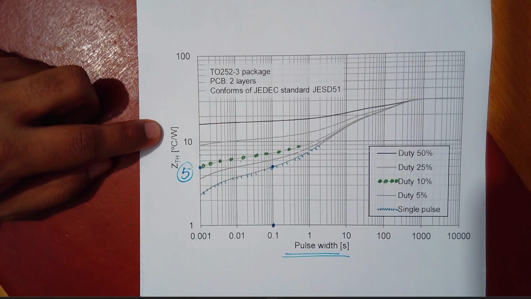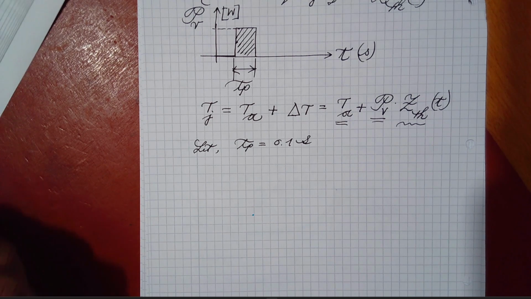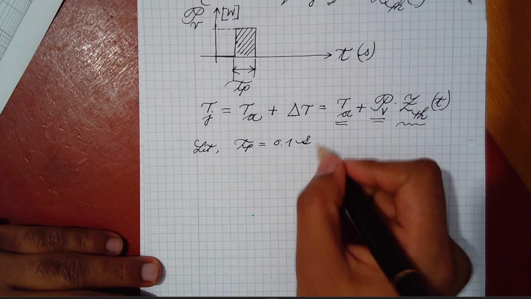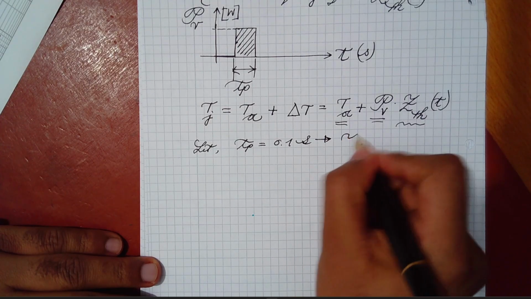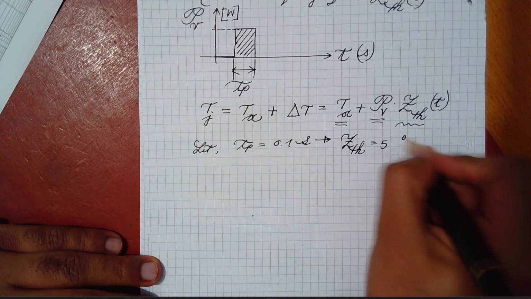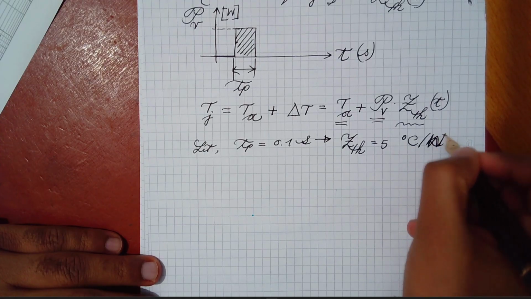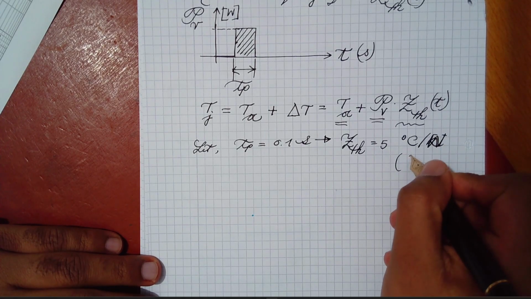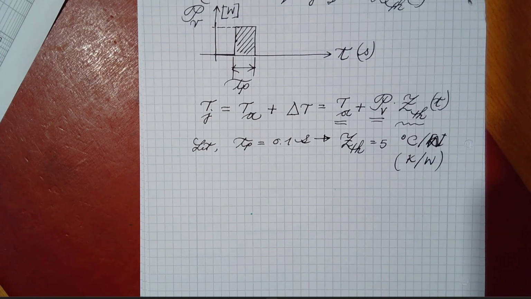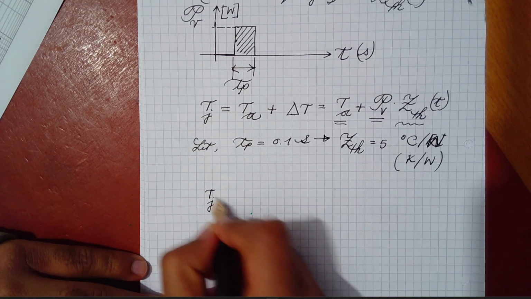And the unit is degrees Celsius per watt. So we can continue the calculation with the red values now. So this would correspond to a ZTH value of 5 degrees Celsius per watt, or it's also written as Kelvin per watt. Both are okay.